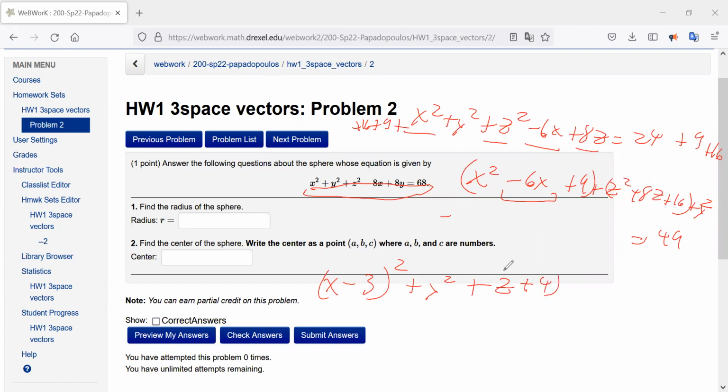Z plus 4 squared is equal to 49, which is equal to the radius squared. So 49 is 7 squared. So our radius is 7.